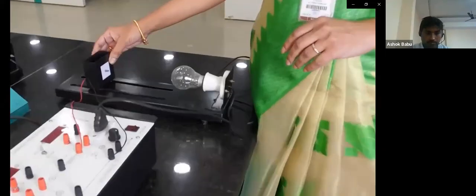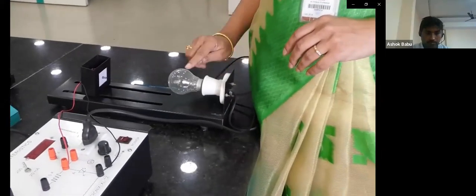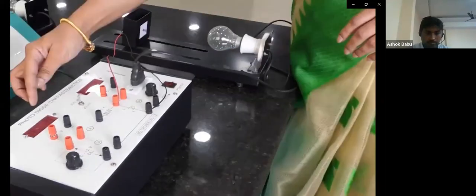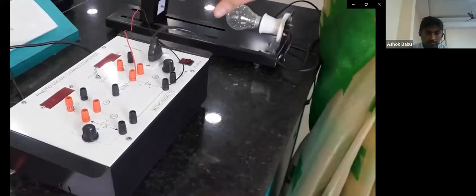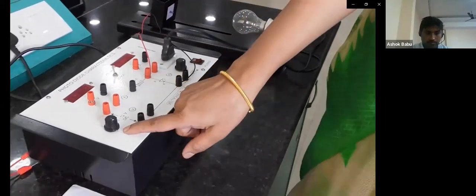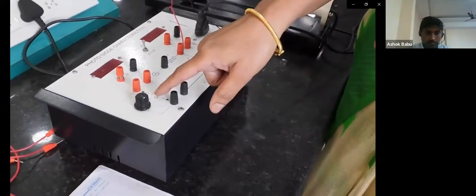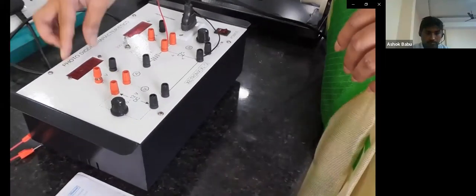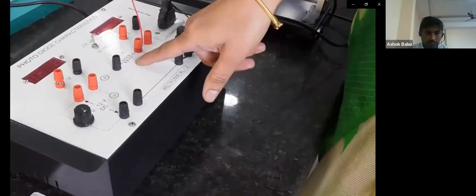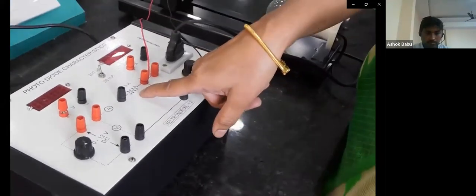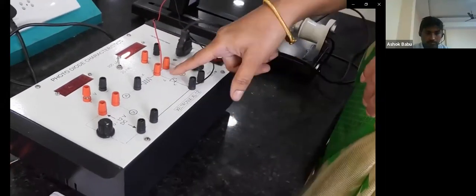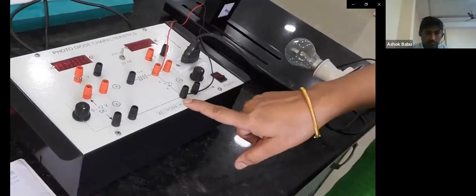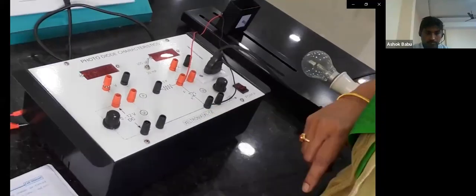The apparatus required is a photodiode, an external source, here we use a lamp, then a photodiode characteristics kit, which consists of a variable power supply 0 to 12 volt, and then an inbuilt voltmeter, ammeter, and a fixed resistance of 1.5 kilo ohm. And also we have a provision to connect the photodiode in the circuit.